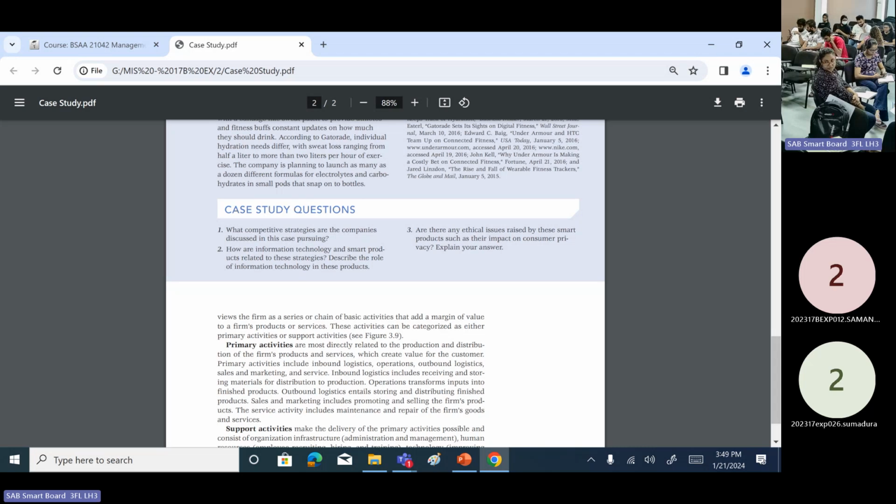Building the switching cost or locking customers is also happening. It's a particular word also. The word locking customer.